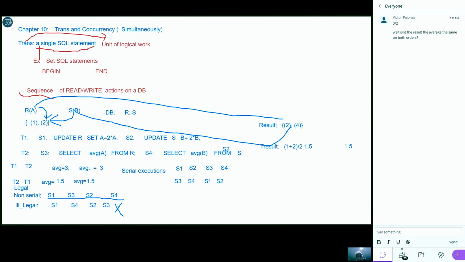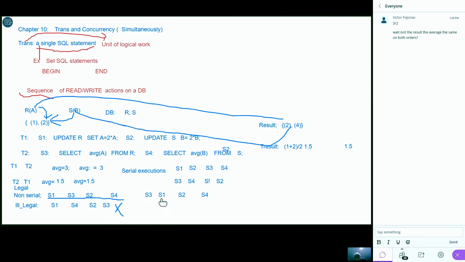Let's give another example. Let's say we start with S3, then we have S1 squeeze in, then we have S2, then we have S4. Now this is legal. Why is it legal? Because S3 happens first, then S4 happens.